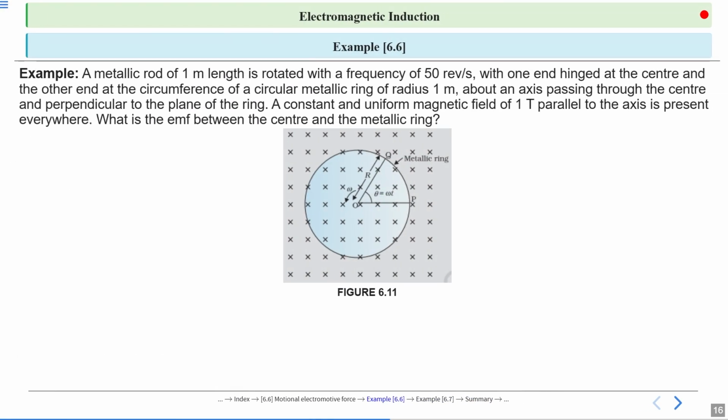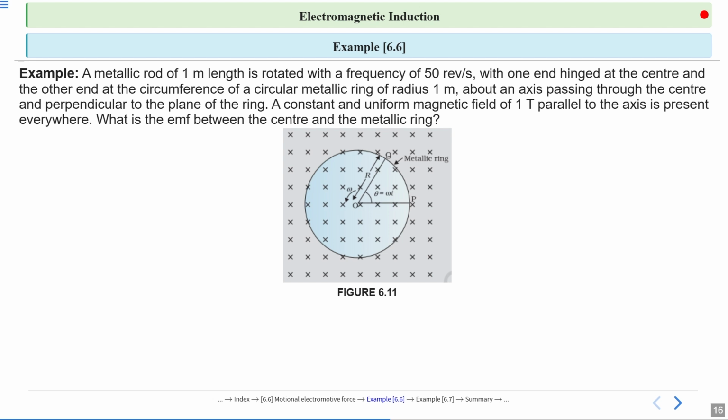Okay, so example 6.6. A metallic rod of 1 meter length is rotated with a frequency of 50 revolutions per second. So what is this? Nu. Okay, 50 revolutions per second.